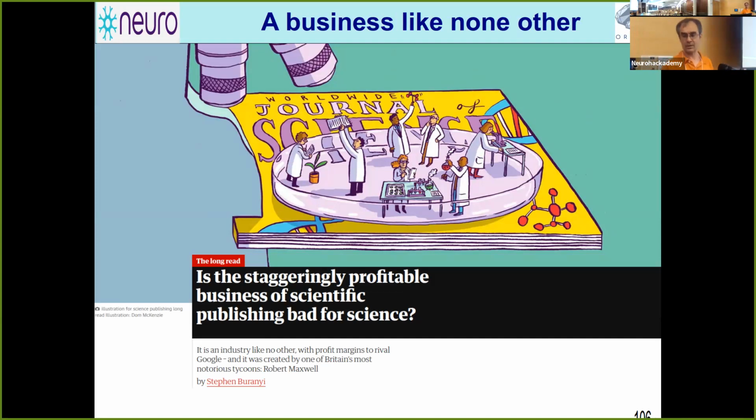I really recommend that article. It's the long read from The Guardian. They explain how Elsevier became this amazingly rich and powerful company, right? It tells the whole story of the little societies, like the royal societies, in the early 19th century, early 20th century, and late 19th.